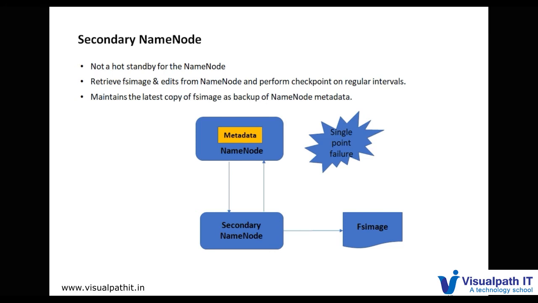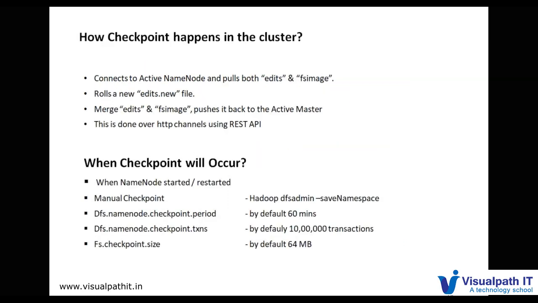If the name node goes down, what will happen? The cluster goes down. Since all the file names are available in the metadata, if the name node goes down, we lose the metadata, right? That is the failure scenario in Hadoop 1x.